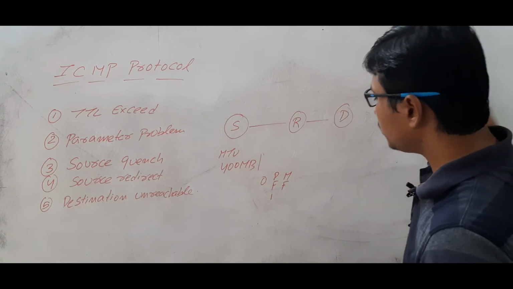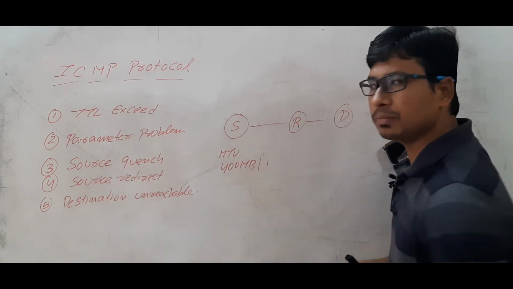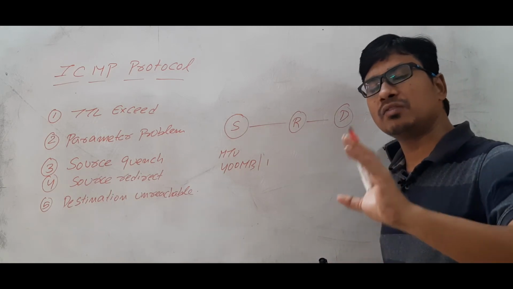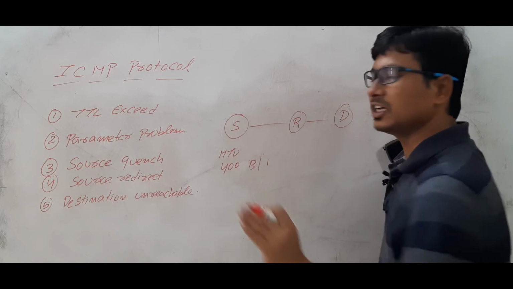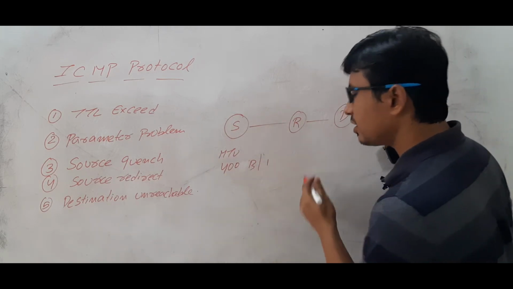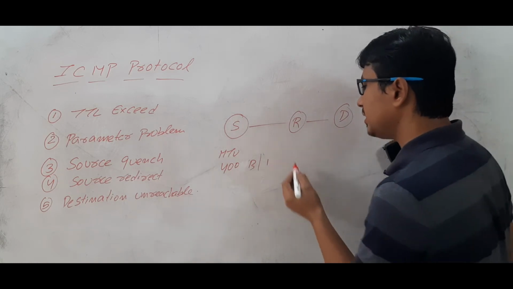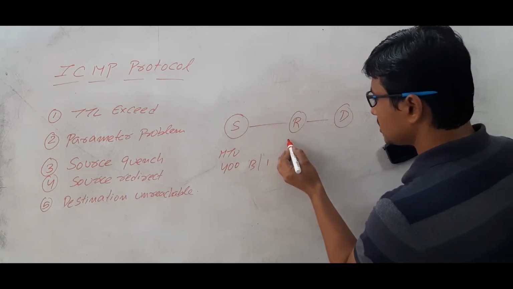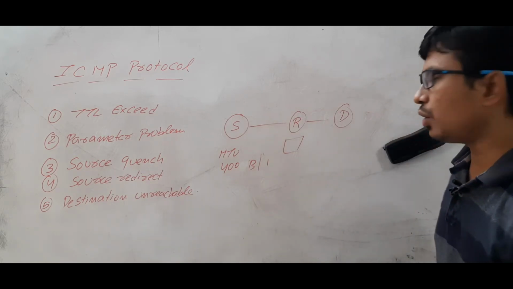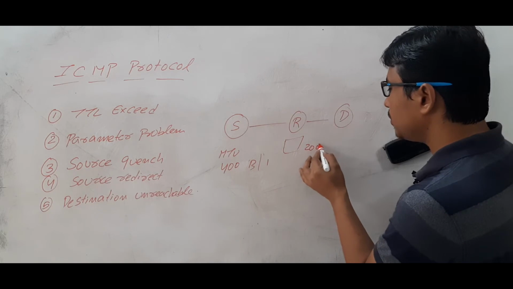Is it clear? Suppose the sender has kept the DF value as 1, meaning this entire packet of 400 MB is sent, not 400 MB, okay? Let's take 400 bytes of information, you send it as a single packet. Now the router has received this packet, but the router's outgoing link MTU is 200 MB only.